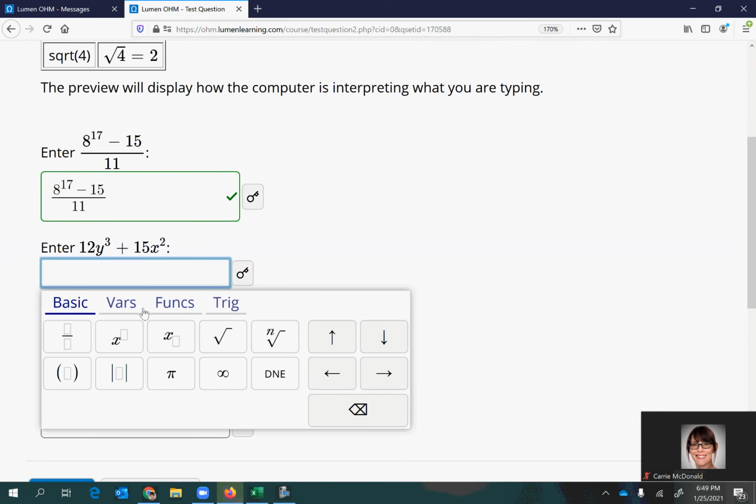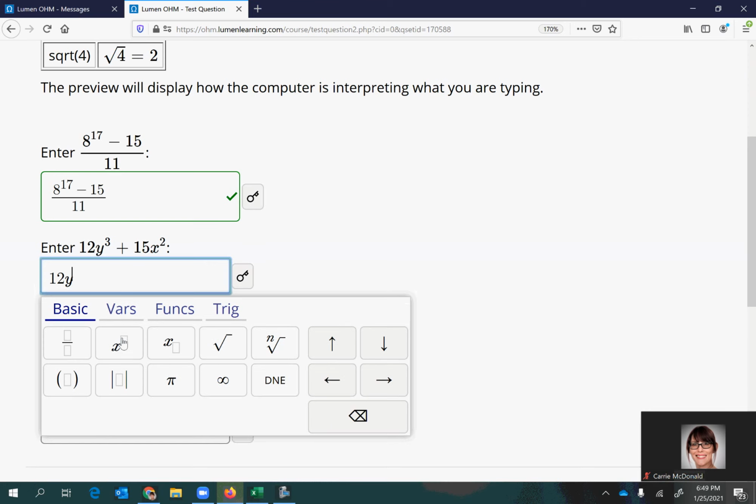Next, we have 12y, and then you can click on the exponent box again. Or another thing that works just as well as this button is to just use the caret key, which is above your number 6 on your keyboard. And that was supposed to be a 3. Let's fix that. Okay, now ground level. Remember, to get down to ground level, you use the right arrow key, plus 15x to the power of 2.